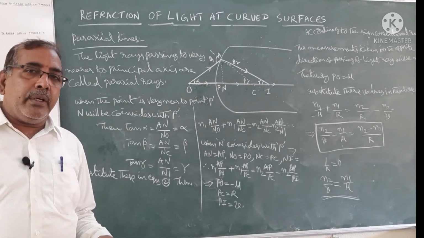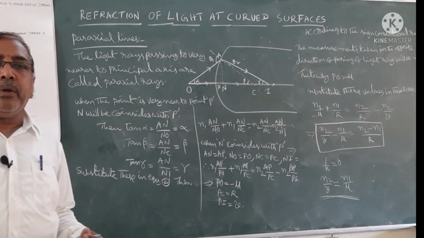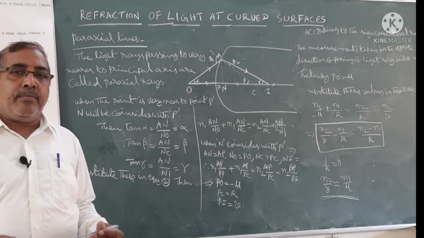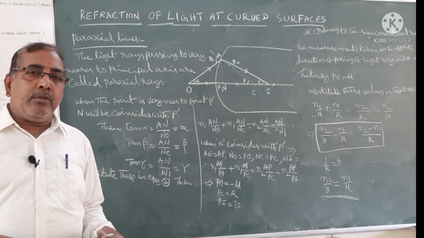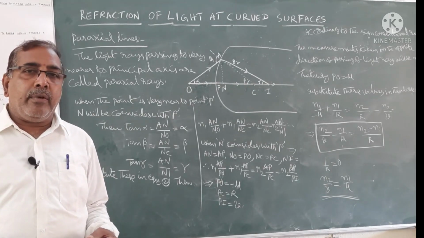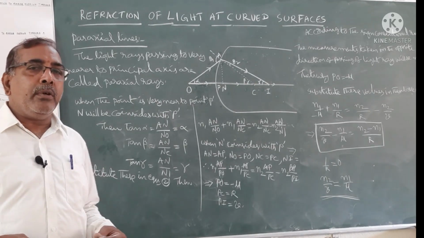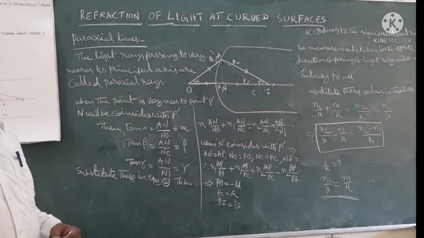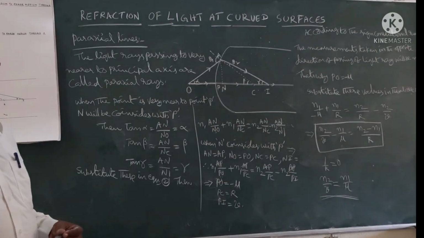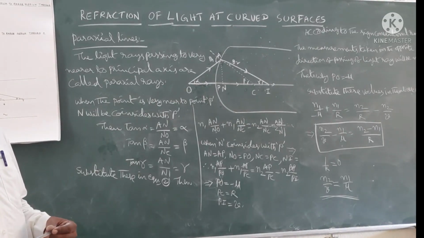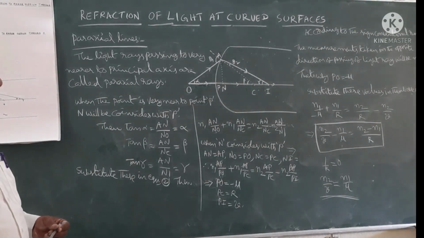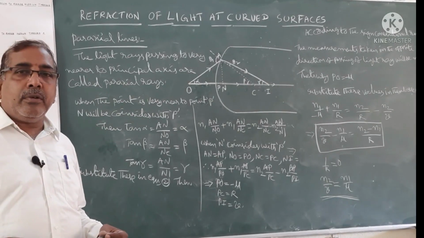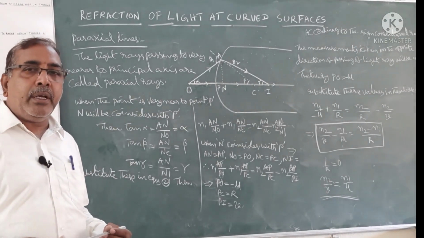How does refraction happen when a light ray passes from rarer to denser medium and vice versa? We learned the rules followed by the light ray when it moves from one medium to another, and we obtained a formula for curved surface, that is N2 by V minus N1 by U equal to N2 minus N1 by R.